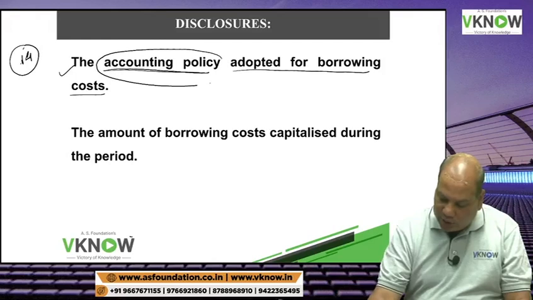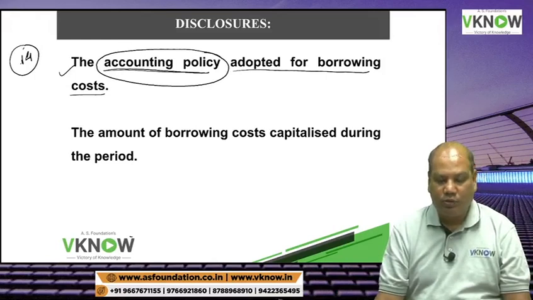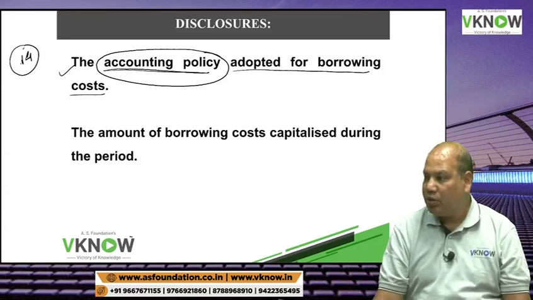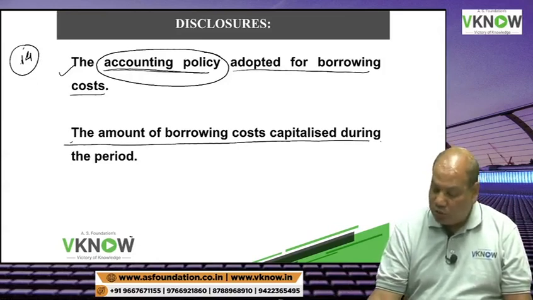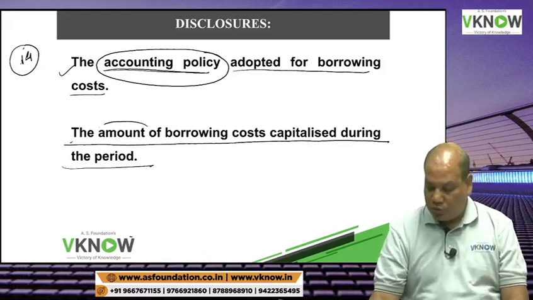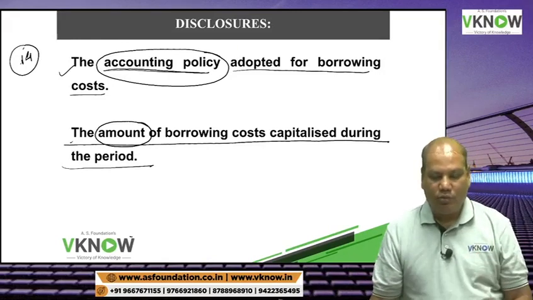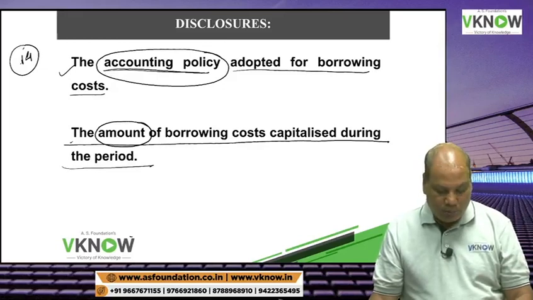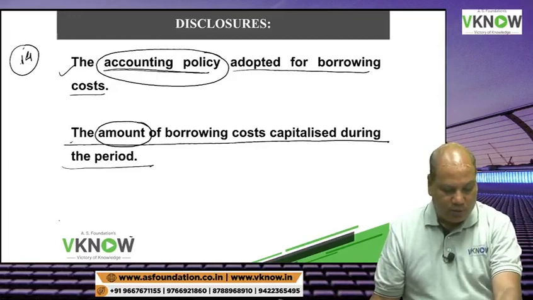Like many other standards, the company will have to disclose accounting policy related to borrowing cost, whether they capitalize the borrowing cost, whether they charge to P&L account, etc. And next is, if you have capitalized any borrowing cost, then disclose the amount of borrowing cost capitalized during the period. So these are the two disclosure requirements.